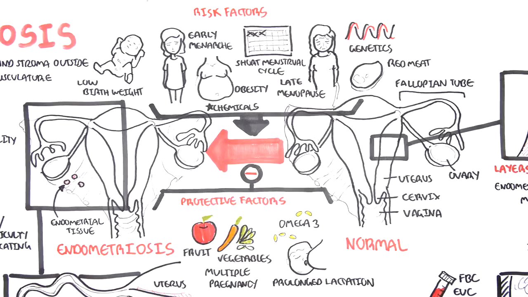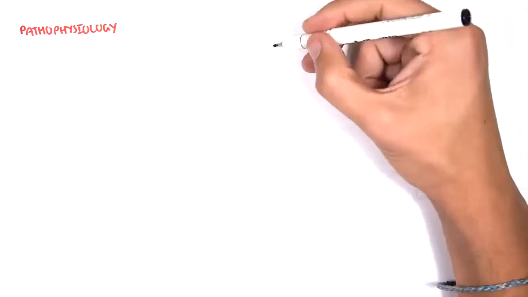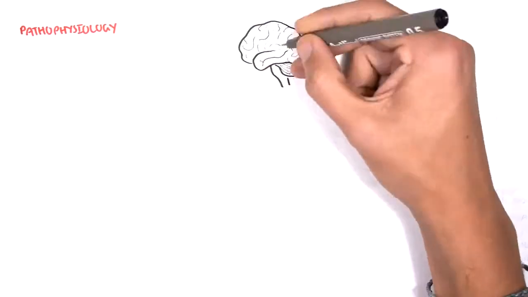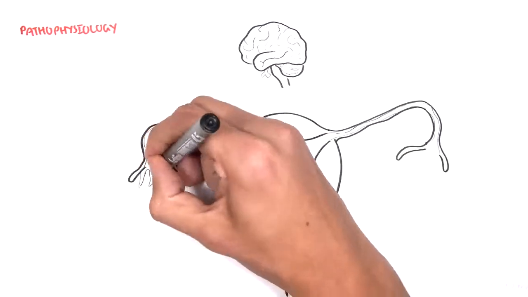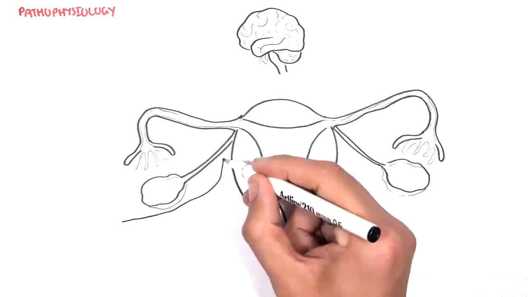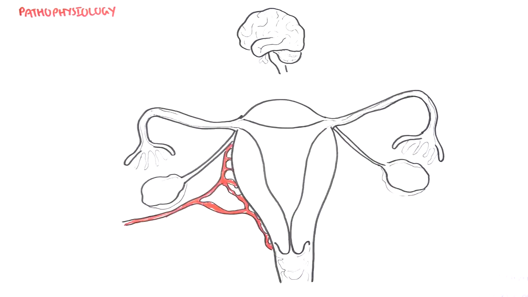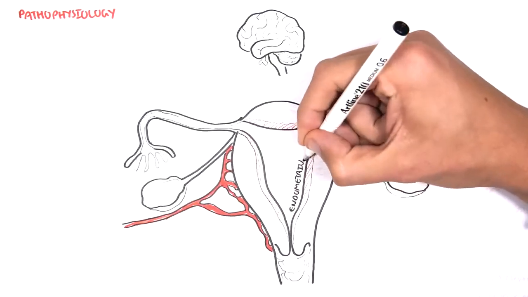So we touched on the pathophysiology of endometriosis briefly. Let's now take a closer look. Here is the brain, and here is the female genital tract. The female reproductive tract has blood supply, of course. The innermost layer of the uterus is the endometrium, the layer which sheds during the period.